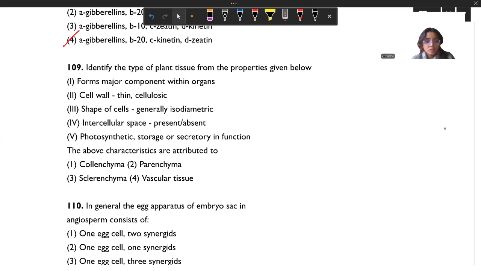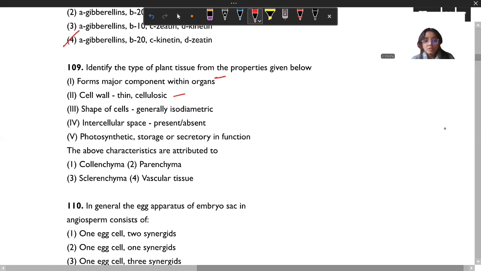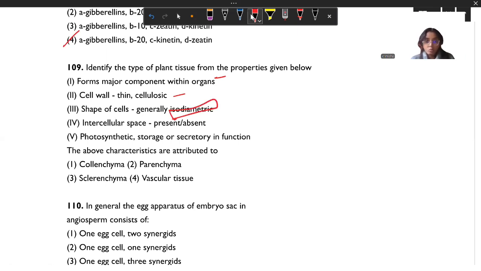The first characteristic is forms major component within organs. Second is cell wall thin and cellulosic. Shape of cell is isodiametric. What type of cells are isodiametric? Parenchyma is isodiametric. Yes, parenchyma has a thin cell wall, which is cellulosic. It forms a major component, true. It is a part of cortex, true. Intercellular spaces might be present or absent.